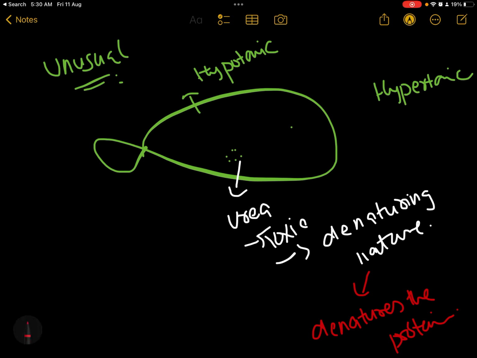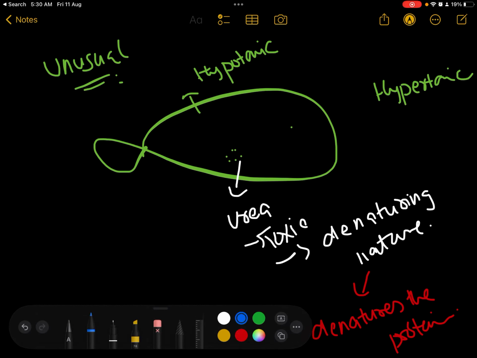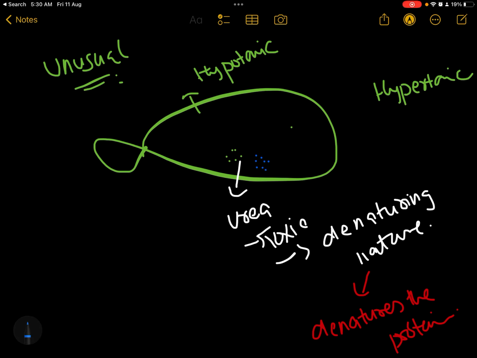So for that reason another substance is also produced in their body, known as TMAO.